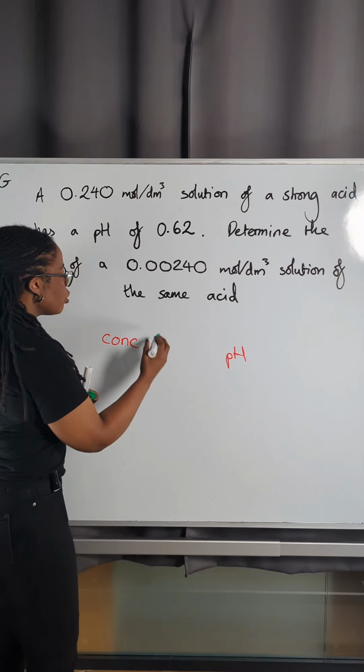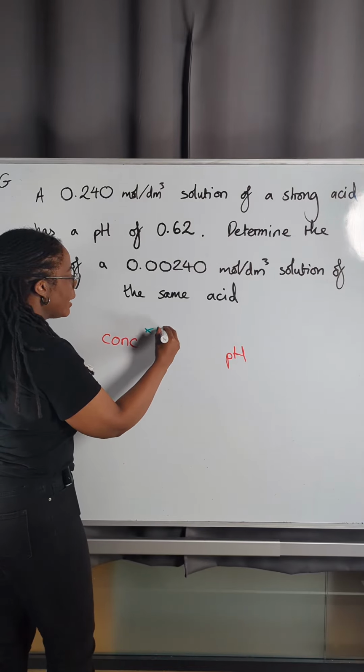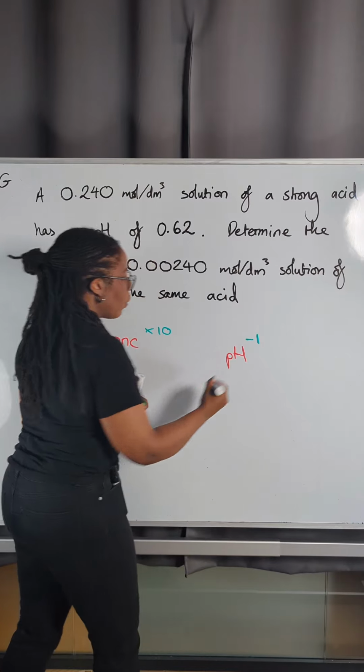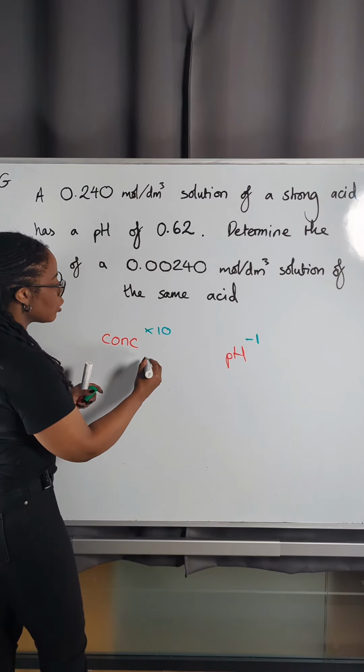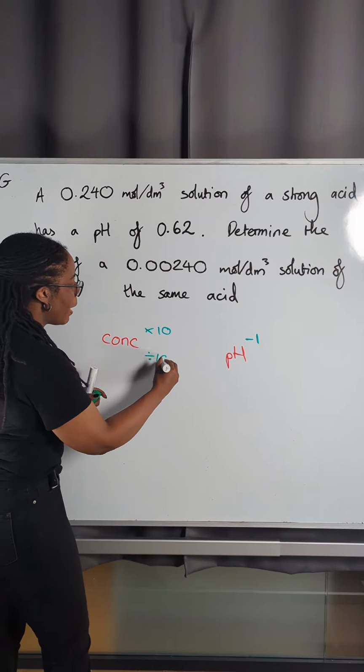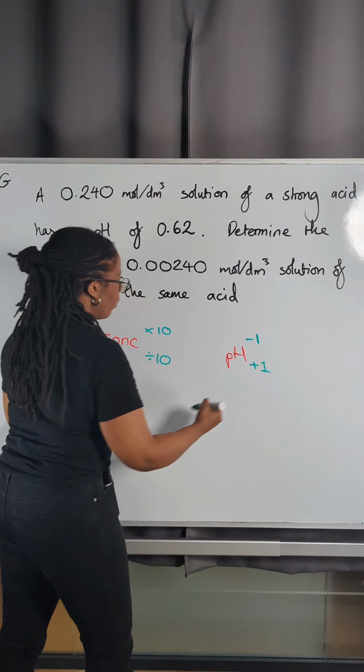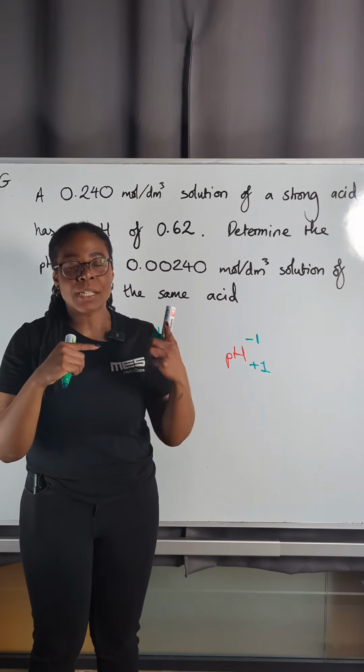So if the concentration of the acid is multiplied by 10, then the pH is going to decrease by 1. And if the concentration of the acid is divided by a factor of 10, then the pH is going to increase by 1. So they go in opposite directions.